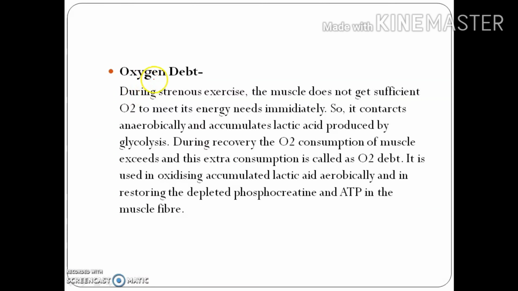Then there is oxygen debt. What is oxygen debt? During strenuous exercise, the muscle does not get sufficient oxygen. So when the muscle doesn't get sufficient oxygen to meet its energy needs, it immediately contracts anaerobically and accumulates lactic acid produced by glycolysis.